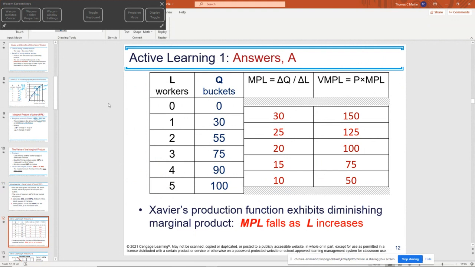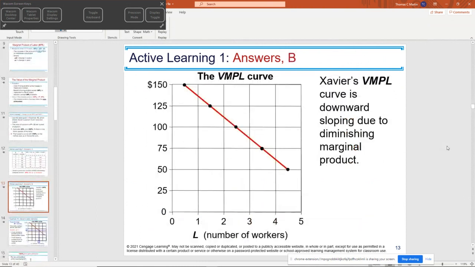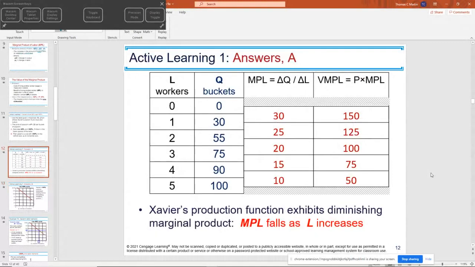Now I would advise maybe printing this page out or making it available, because it's going to show us the formulas.